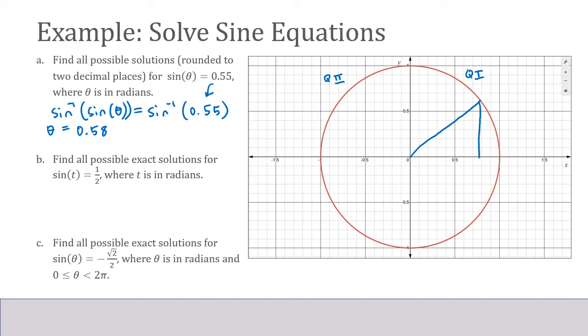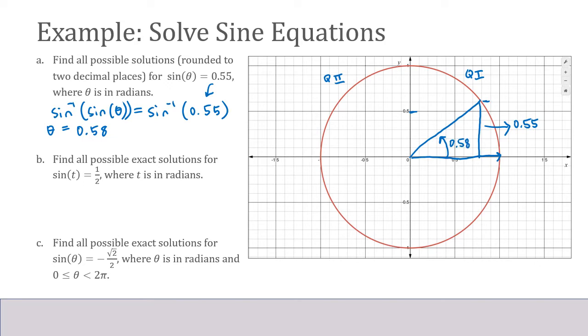Remember this piece right here, the height, that is the 0.55, and here would be a height of 0.5, so that's why I put the 0.55 just a little bit higher than that. So this angle measure from the positive x-axis to that terminal side, that is the 0.58.